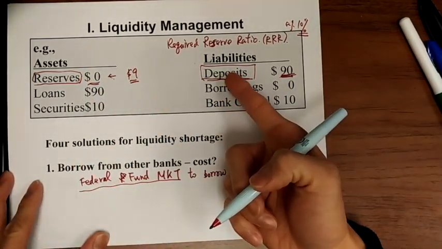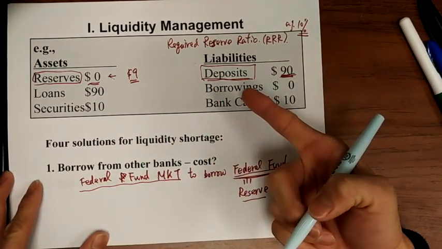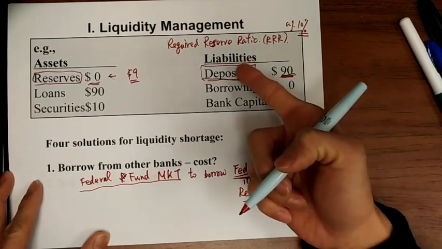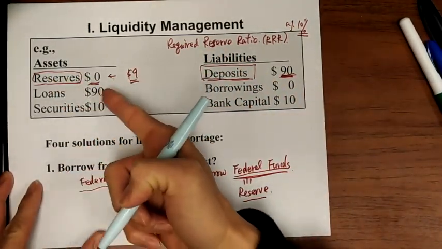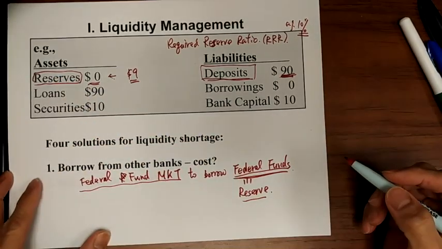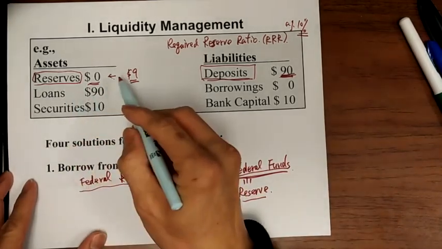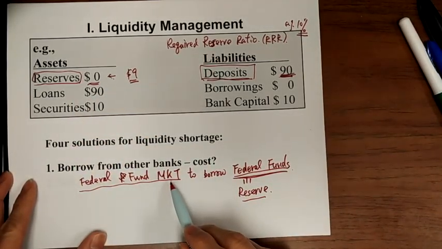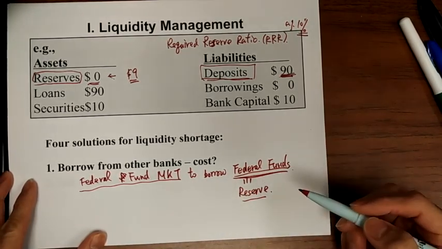So reserve and deposit have exactly the same concept. Consumers' deposit in the bank is called deposit. Commercial banks' deposit in the central bank is called reserve. So when this commercial bank is short of reserve, they can go to the federal funds market to borrow federal funds, to borrow reserve.